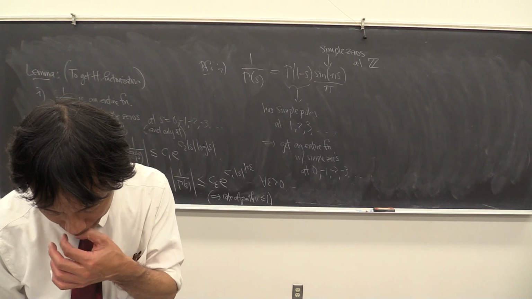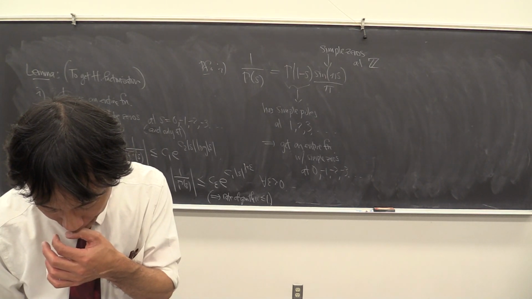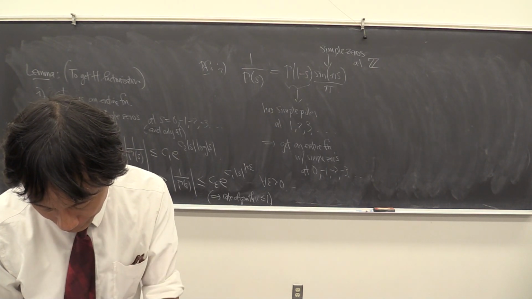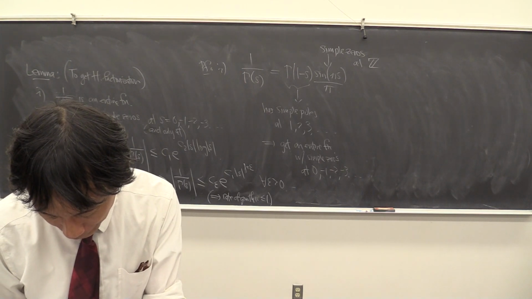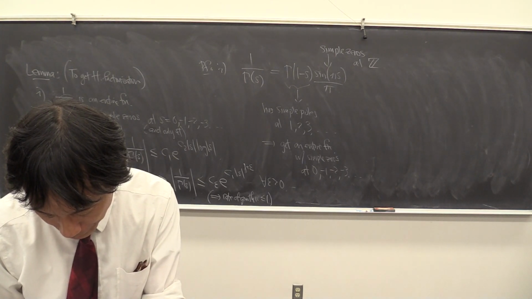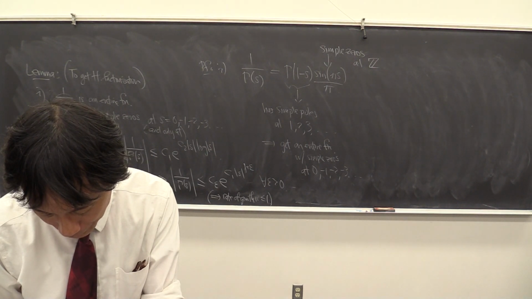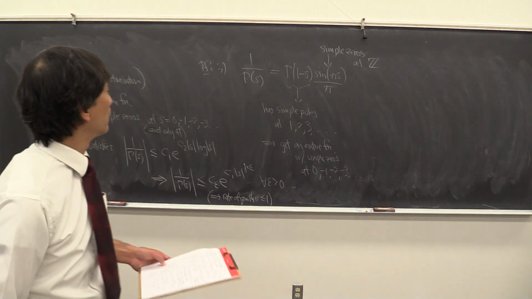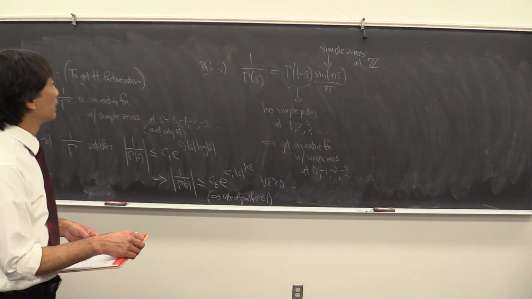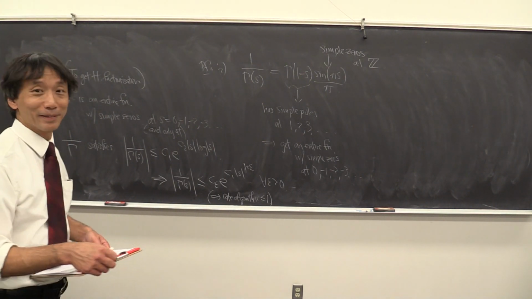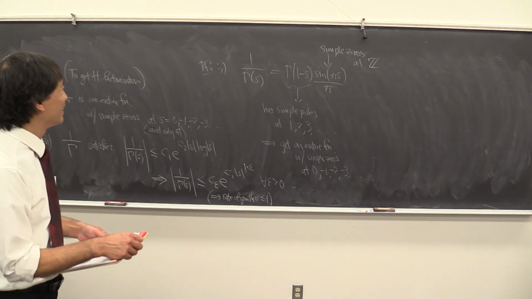I guess this is just true because the only points we're unsure of are where the left side looks loosely like 1 over infinity, so the left side looks like 0. And then the other side has to be 0 because the sine term has zeros everywhere at the integers. Okay, sorry, thank you.